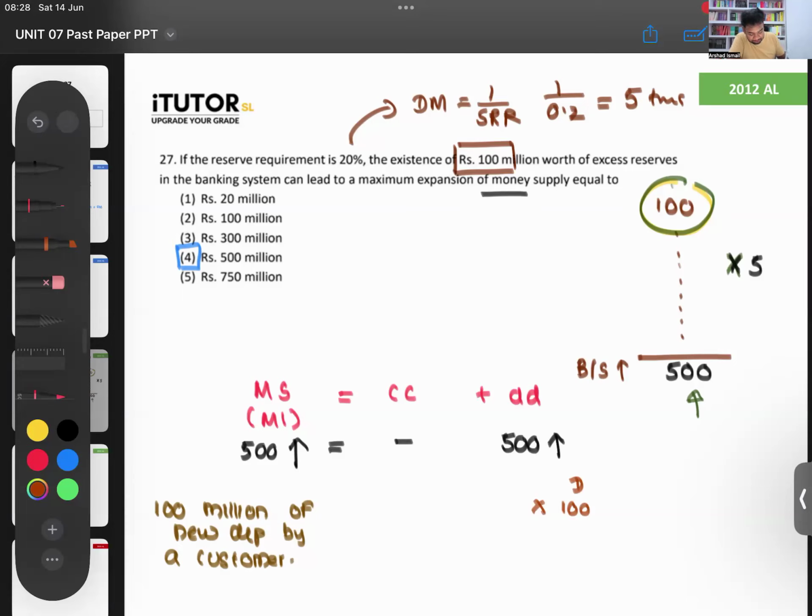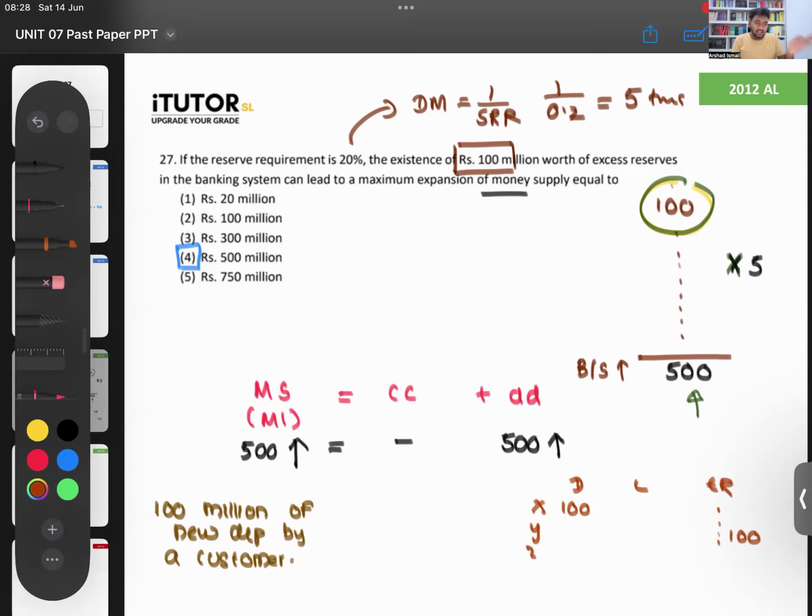They have kept some amount of reserve, given some amount as loans, but somehow this banking system, maybe a couple of banks, have 100 of excess reserve. That's what they're saying. The banking system, maybe banks X, Y, Z, all put together, have 100 million of existing excess reserves. So that excess, if they start giving out as loans, what happens?